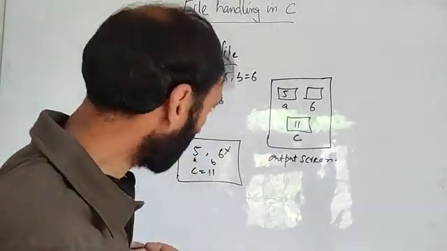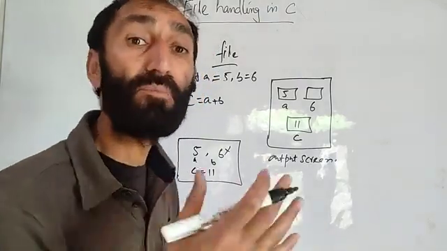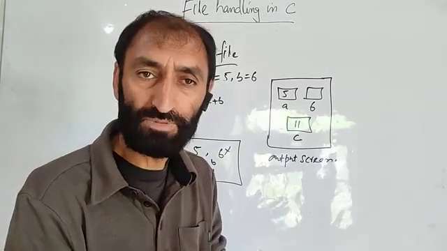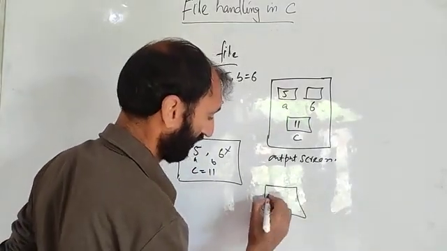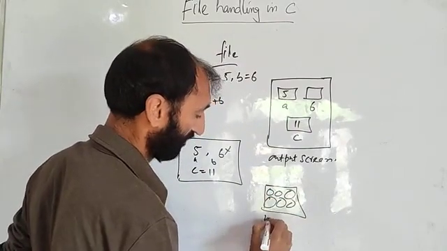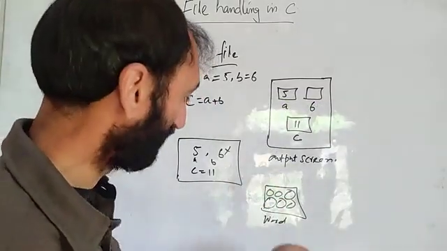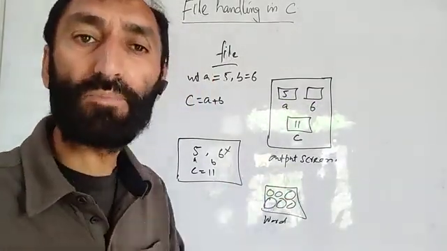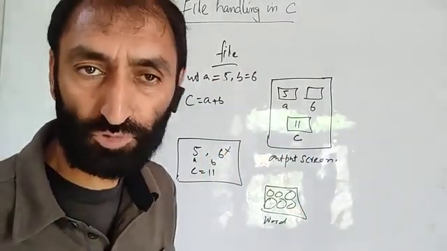Now, if I want to store the data permanently, for example, I have written some Word document here, and I want to store it permanently, then where can I store it?